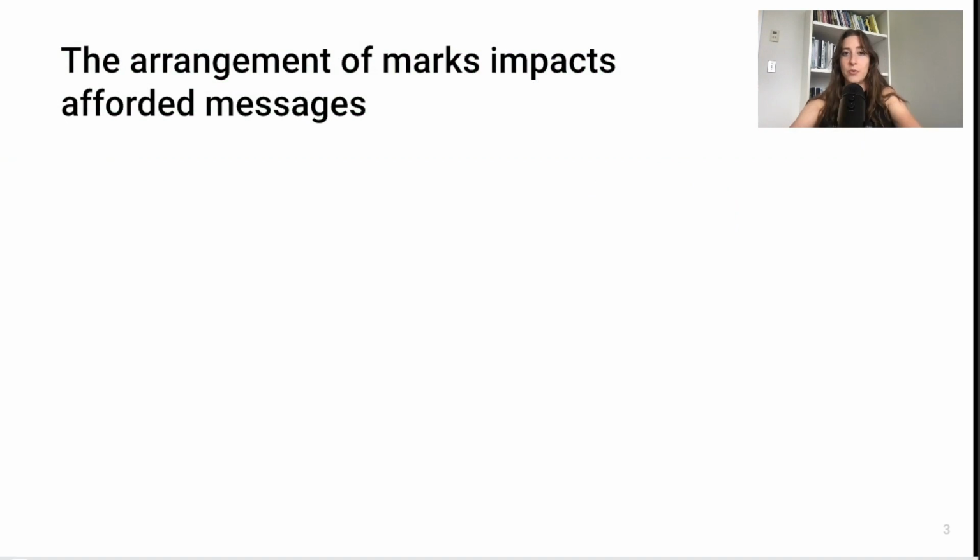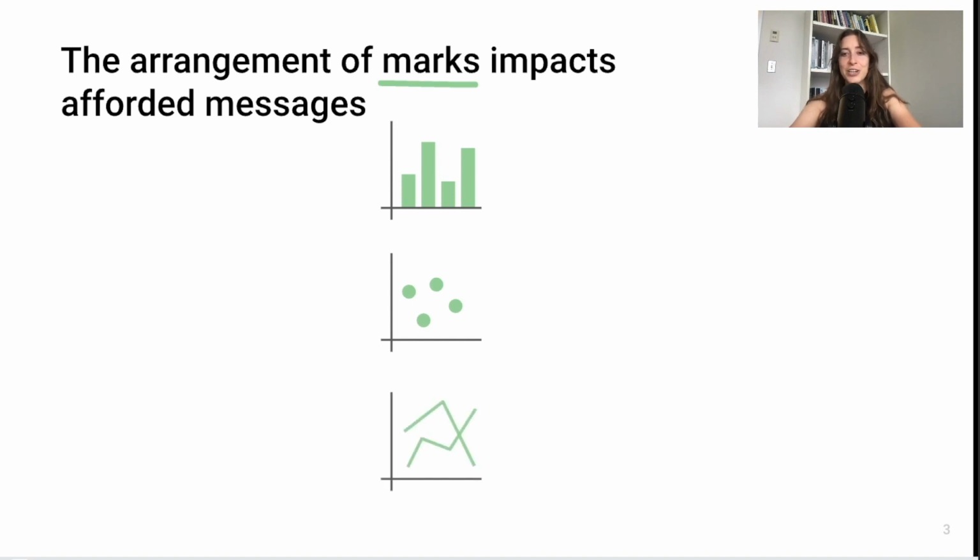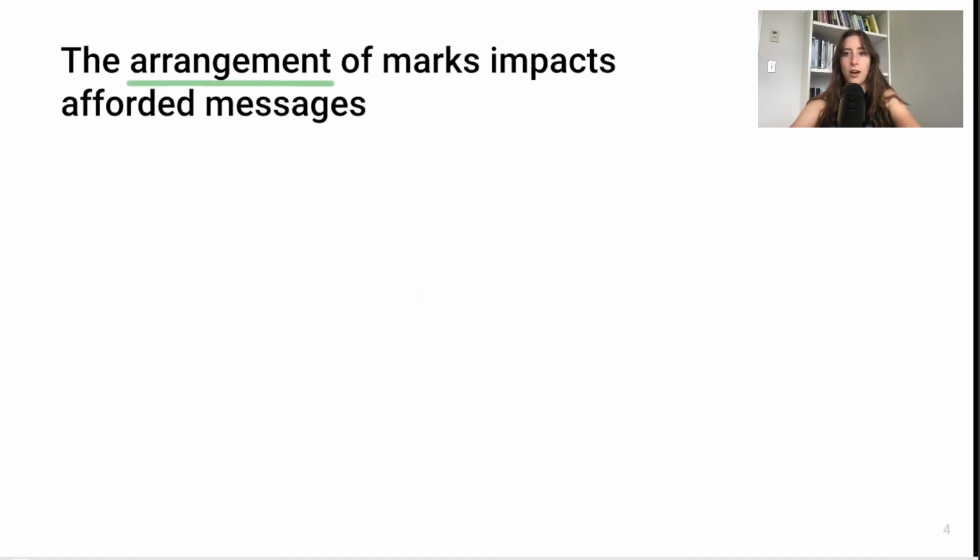So to start with, when we discuss the arrangement of marks, these marks are any visual objects that comprise a visualization. So that includes bars in a bar chart, dots in a scatter plot, lines in a line chart, very straightforward. And the arrangement of these marks are any manipulations that do not change the information that they encode.